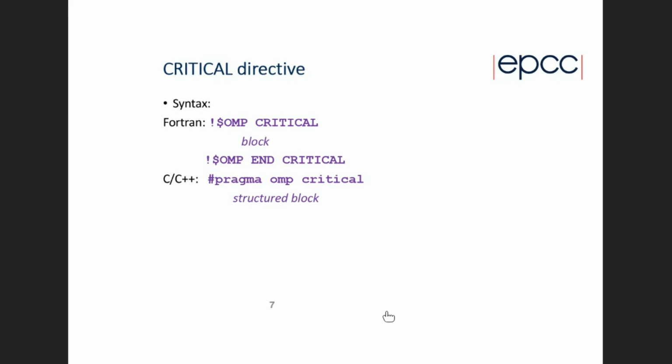So no particular surprises with the syntax here. So Fortran, it's OMP critical, followed by a block of code, and then end critical. And for C or C++, hash pragma OMP critical, followed by a structured block.